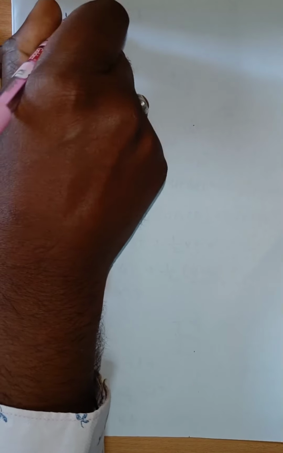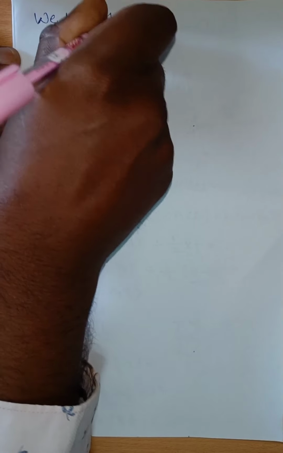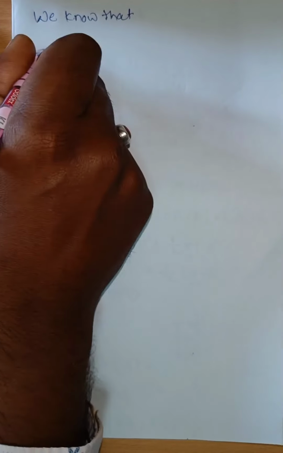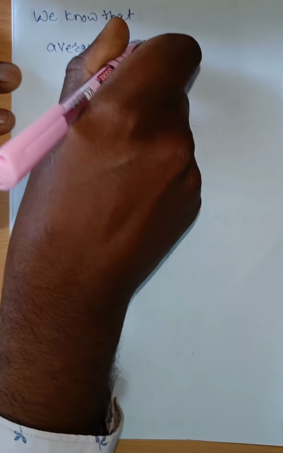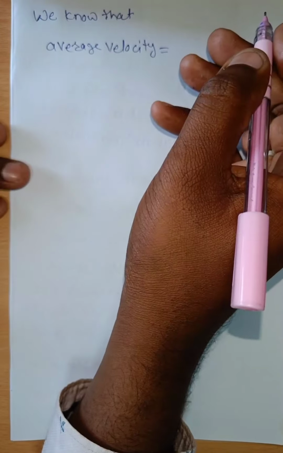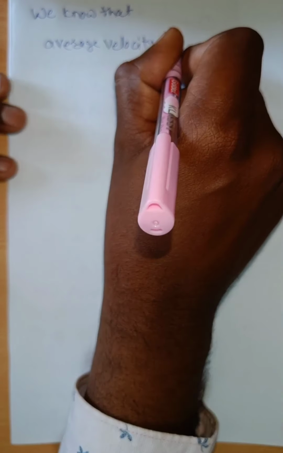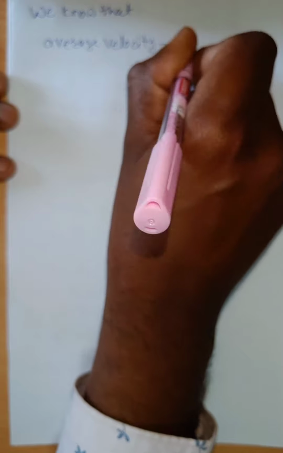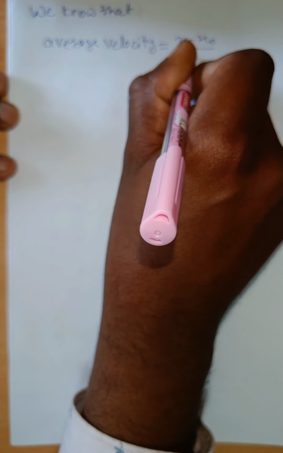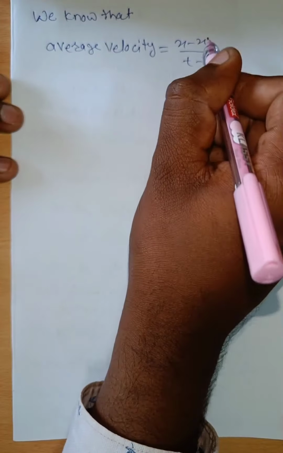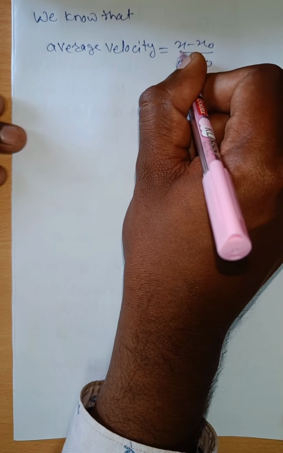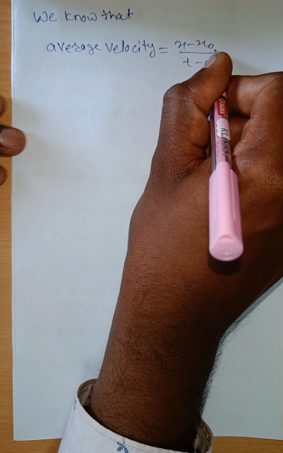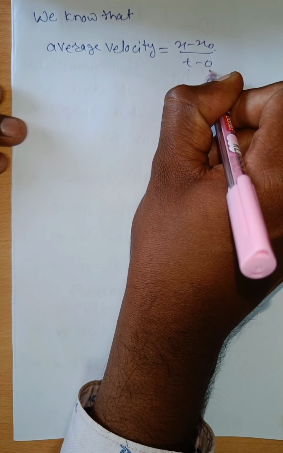Then we know that average velocity is nothing but displacement by time, that is x minus x naught divided by t minus 0. Average velocity v is equal to final displacement minus initial displacement divided by final time minus initial time.